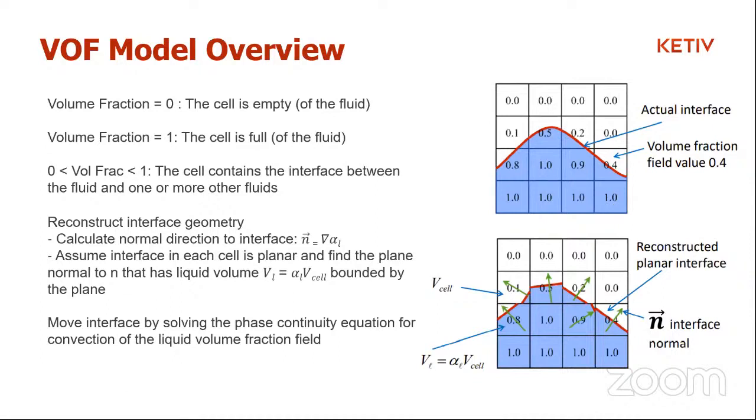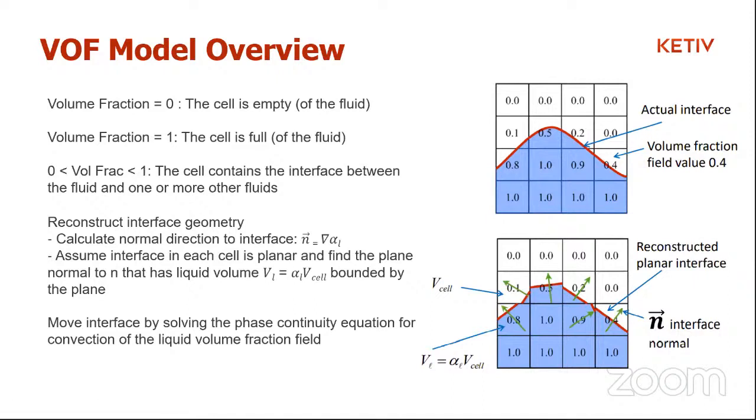So it automatically means that if in any particular cell the volume fraction is between 0 and 1, then that is the cell that contains the boundary or the interface that we are interested in. So you will notice all of these cells that have a volume fraction between 0 and 1 contain the boundary between these two phases.